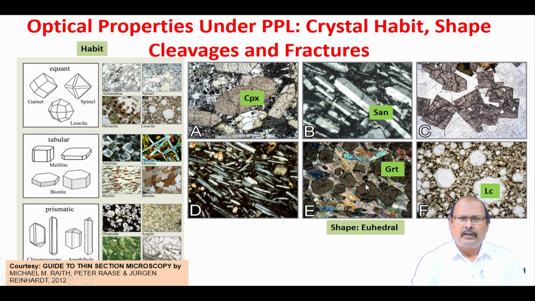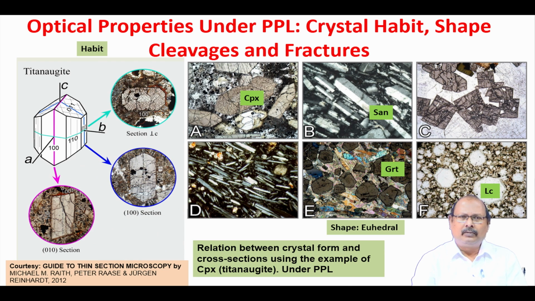So, what I would like to emphasize here, certain minerals have very well developed crystal faces, and if all the faces are poorly developed, we call it anhedral shape, and when some of the faces are well developed and others are poorly developed, we call it subhedral shape here.